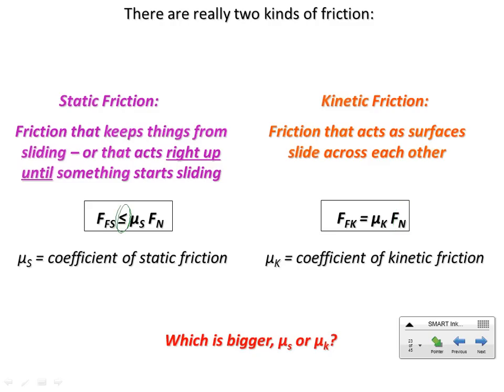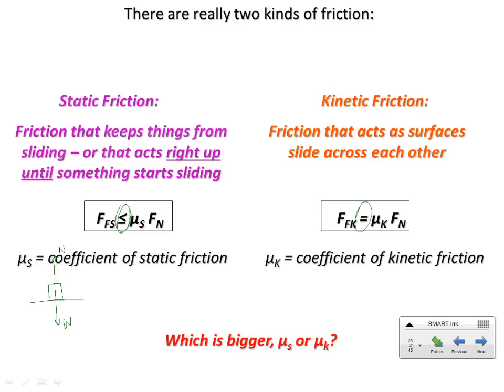Now notice a couple of big things. If there's a block just sitting there like this, certainly it weighs something, and certainly there's a normal force. But if it's not being pushed, there's no friction at all.